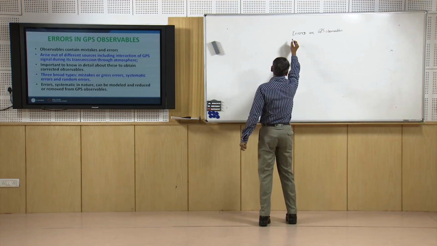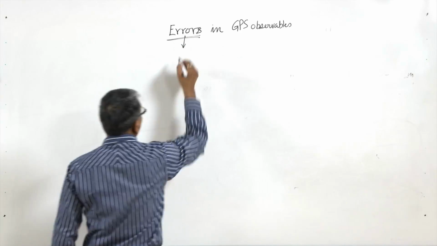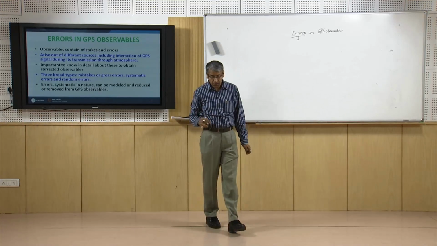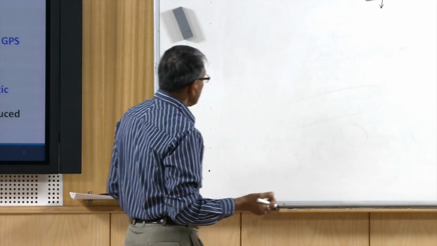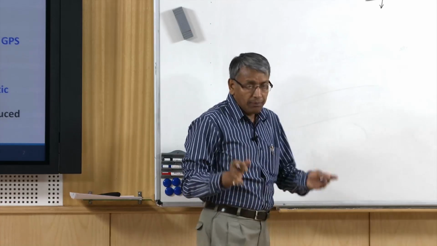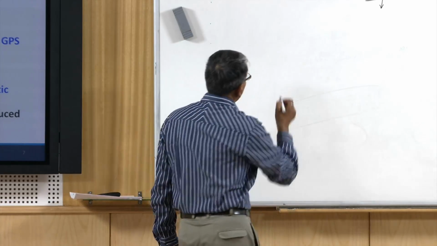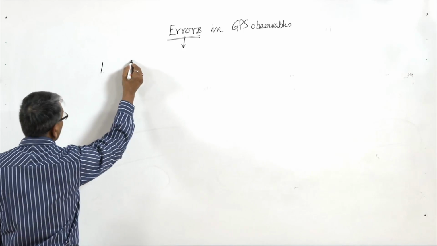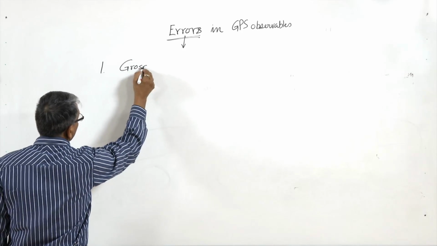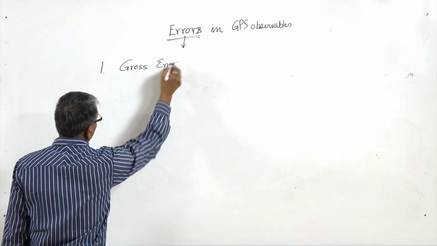The errors in GPS observables arise out of defined sources, defined reasons. However, from the nature of the errors, we classify them under three categories. Number 1, gross error.